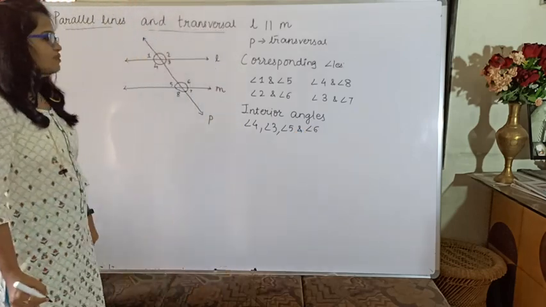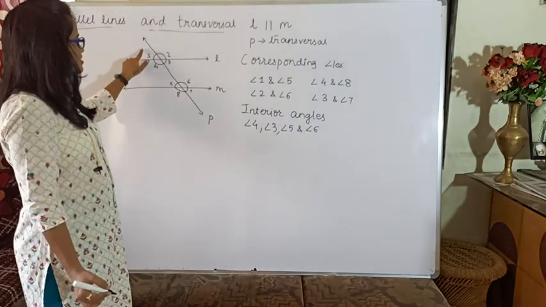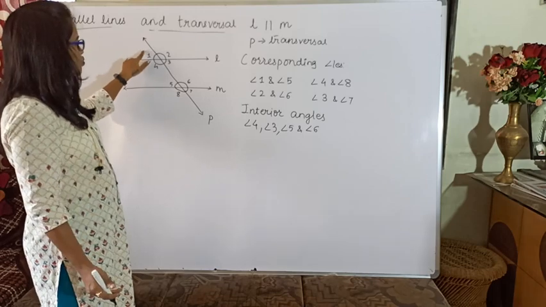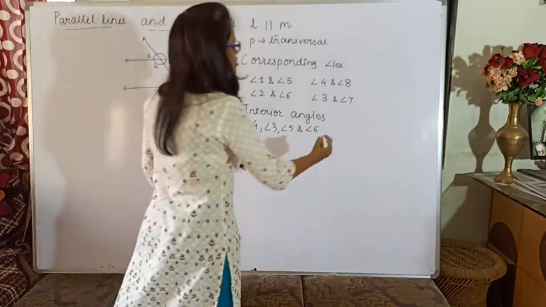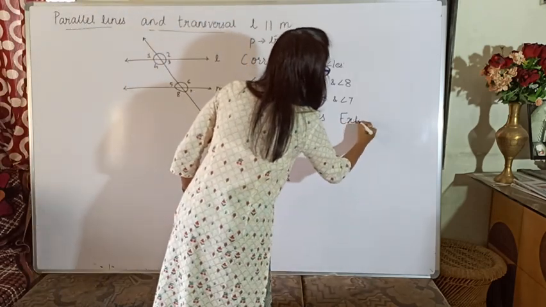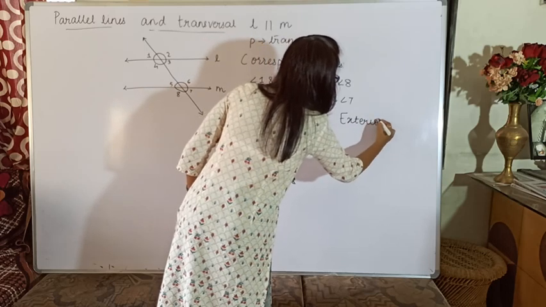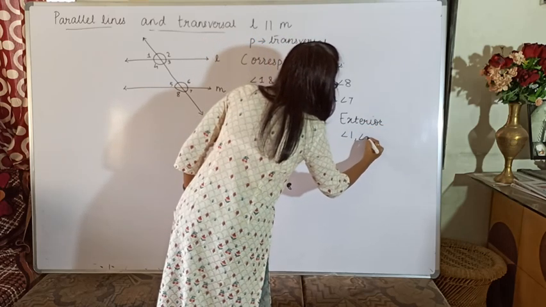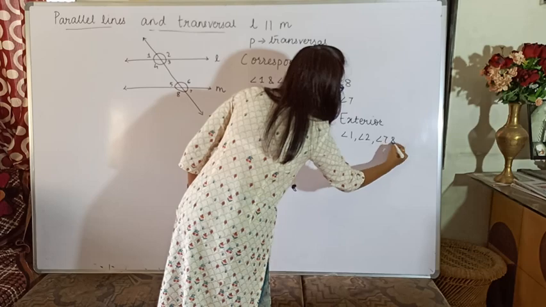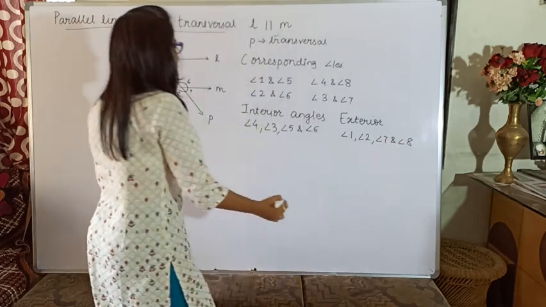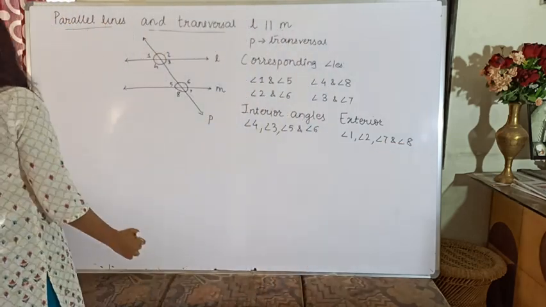Similarly, what will be the exterior angles present on the outer side? 1, 2, 7, and 8. So these are another two sets of angles.